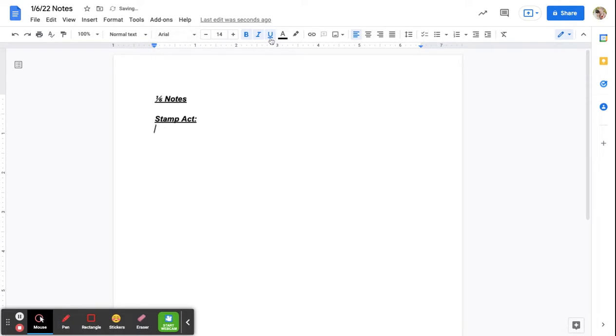So the Stamp Act was passed in order to raise money to pay back war debts caused by the French and Indian War. Okay.